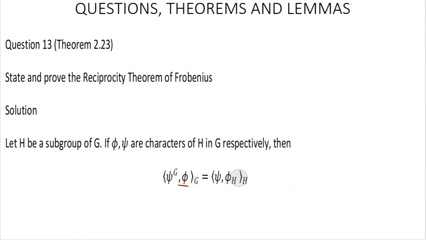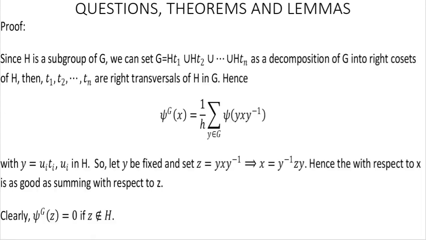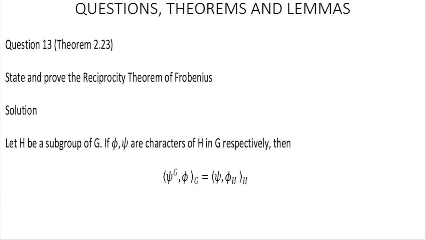How do we prove this? We need to recall some key things. Firstly, because we have an induced character here, we need to look into the fact that whenever we're talking about the induced matrix representation, we're dealing with a subgroup H which is extended to the group G, and then we write G in terms of its cosets.